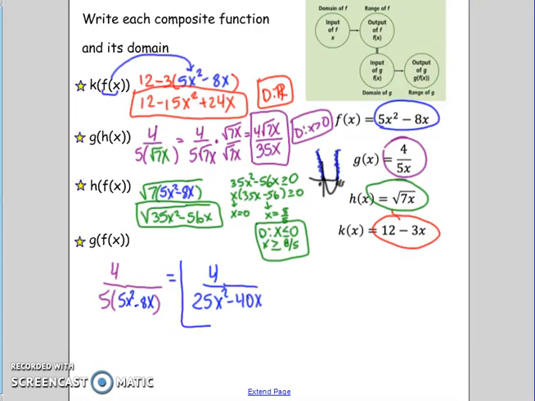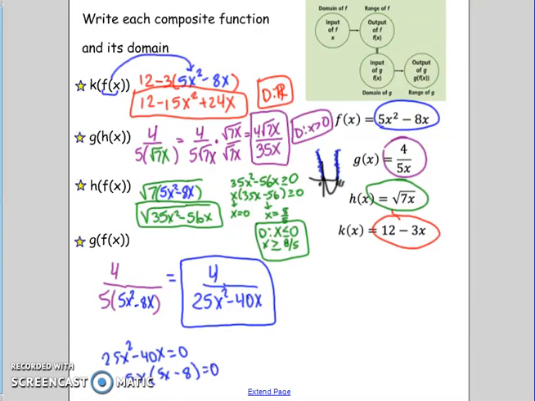So that's going to be our final function. And then, since this is a rational function, we want to take the denominator and set it equal to 0 to find our restrictions. So if we set 25x squared minus 40x equal to 0, we could take out a 5x, and we're left with 5x minus 8.